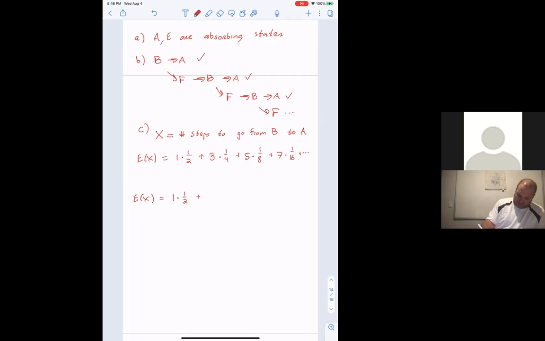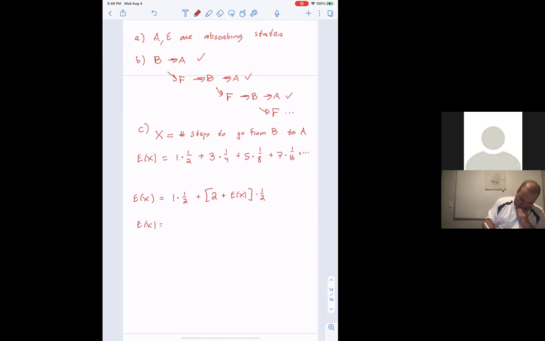Then it's going to be 2 steps to go back to B plus, and now we're back to where we started. So plus E of X times 1/2. I think this is it. 1 step, 50% chance. Or 2 plus, and you're back to where you started. Let's see if this works.